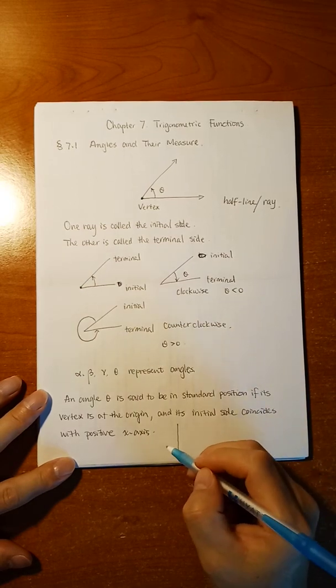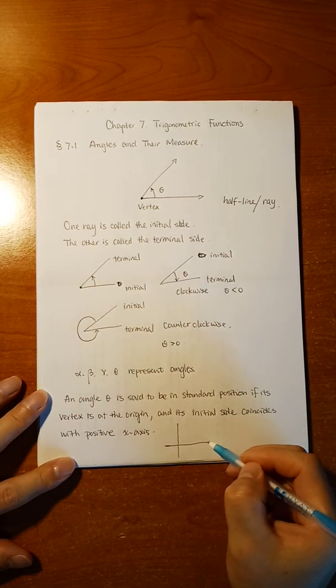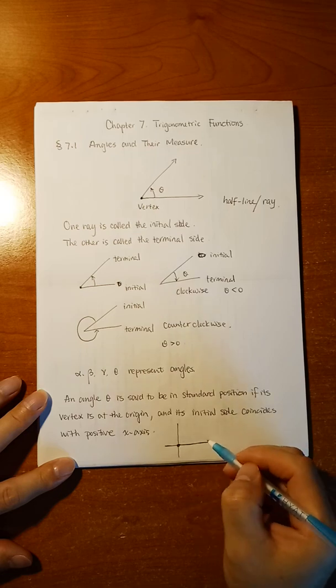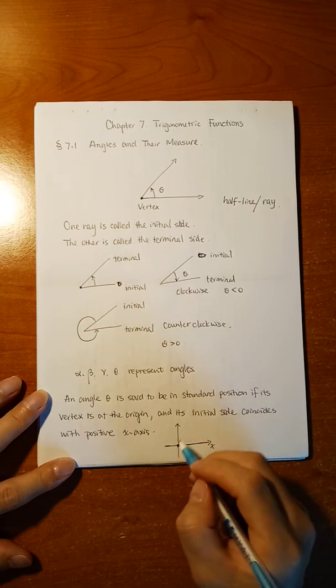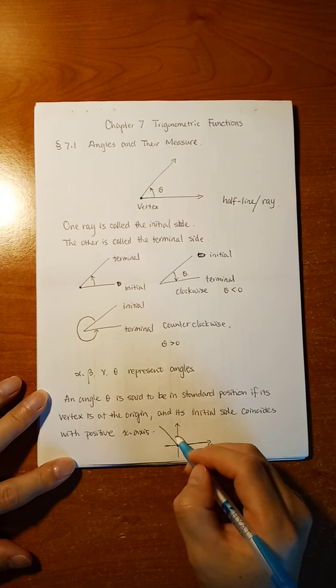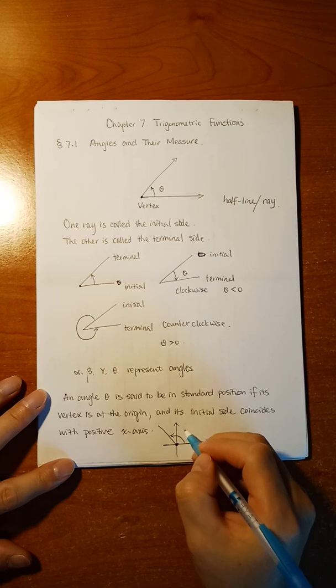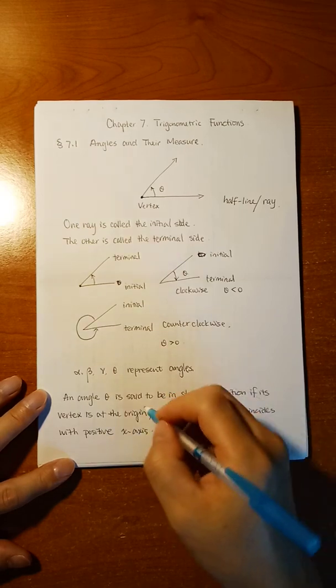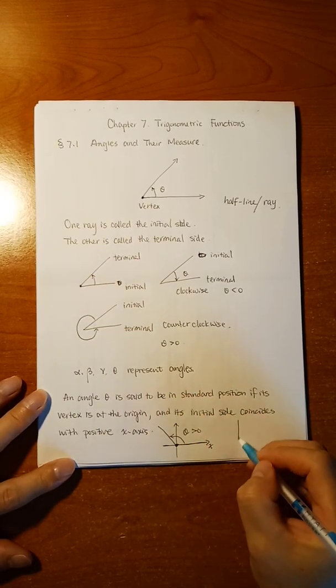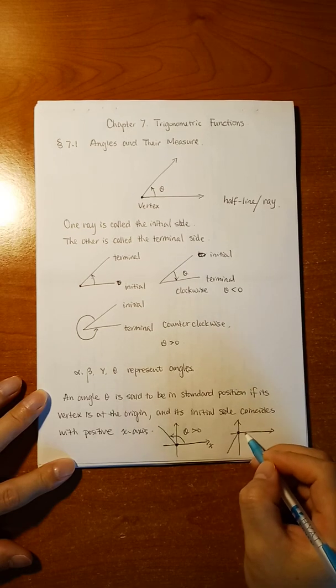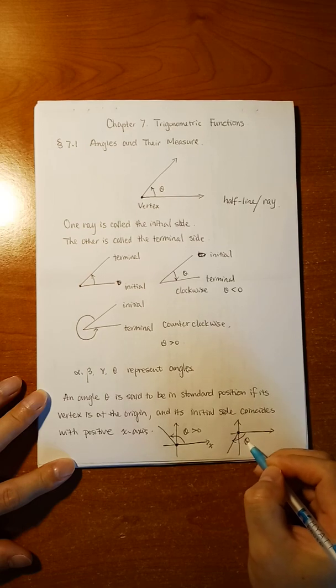So you place the initial side along the positive x-axis, and you just determine the terminal side. This is theta, because it's counterclockwise, it's positive. Or maybe you have the initial side and the terminal side is clockwise, it's negative.